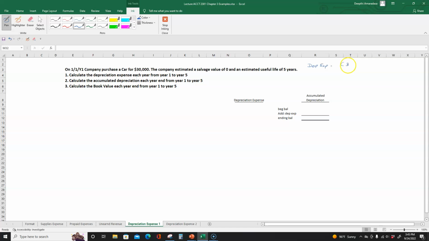Cost is $30,000 minus salvage value, which they told us was 0. And then you take the product of that entire numerator and then divide it by estimated useful life, which they told us was 5 years. So we get 30,000 divided by 5, which is 6,000 per year.